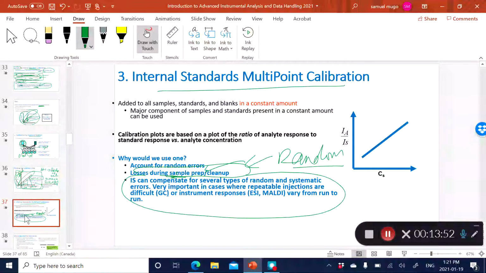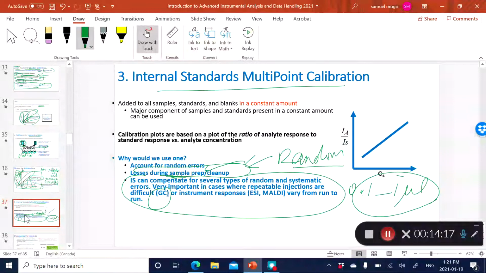I'll give you an example. If you're doing gas chromatography, typically you inject very small volumes, normally something like 0.1 to 1 microliters. And of course, you're supposed to inject very reproducibly from standard to sample to blank and so forth.